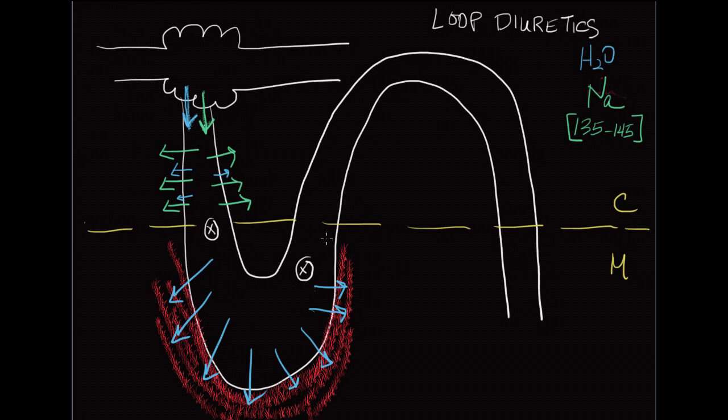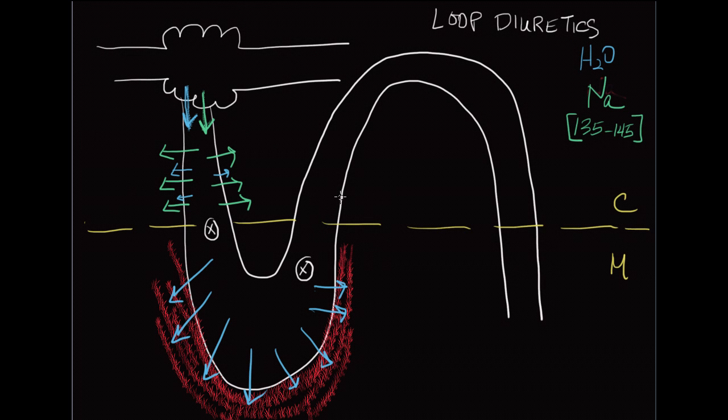Now we're about to exit the medulla, but before we do, we have an opportunity to reabsorb some salt through a particular channel. That's the sodium potassium 2-chloride channel.